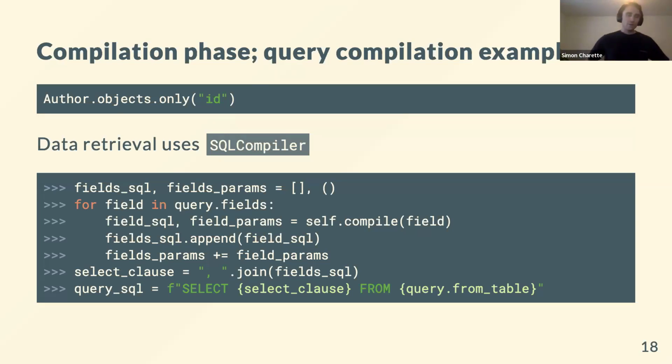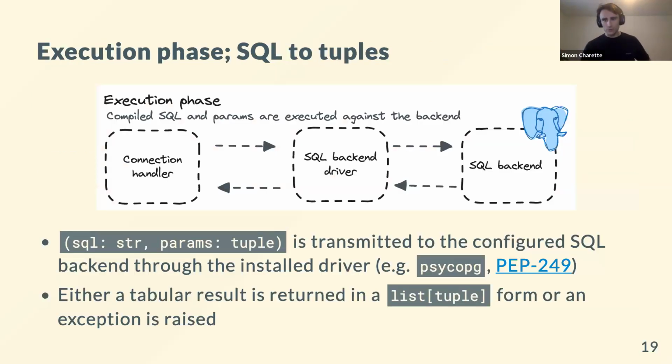When the SQL compiler is asked to produce the exact SQL that eventually is going to get executed, it uses some sort of interpolation where it compiles every column that it needs to select by calling compile, which translates into calling as_sql on all of the fields that have been resolved, so all the columns. And it will collate it together and make sure to prevent SQL injection by not combining params and SQL itself, delegating that to the backend, which is part of the execution phase.